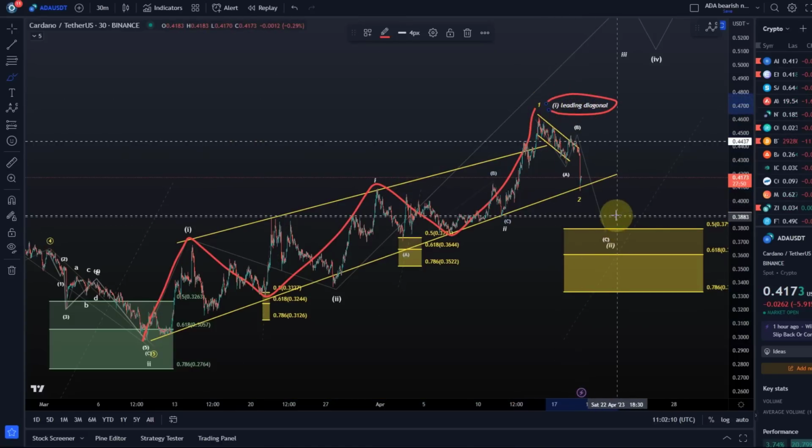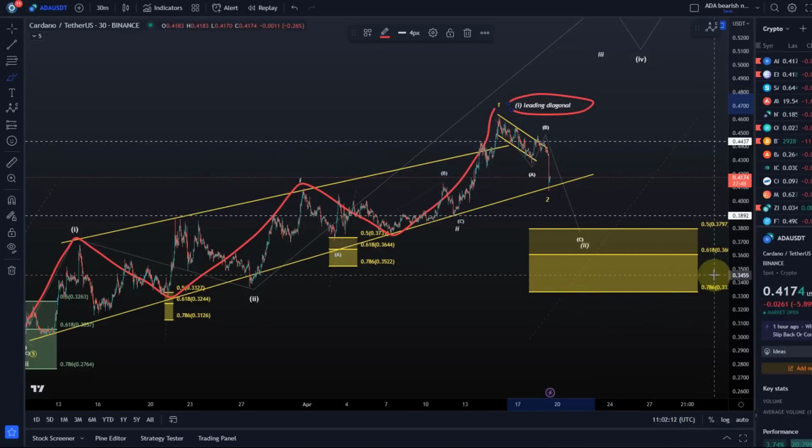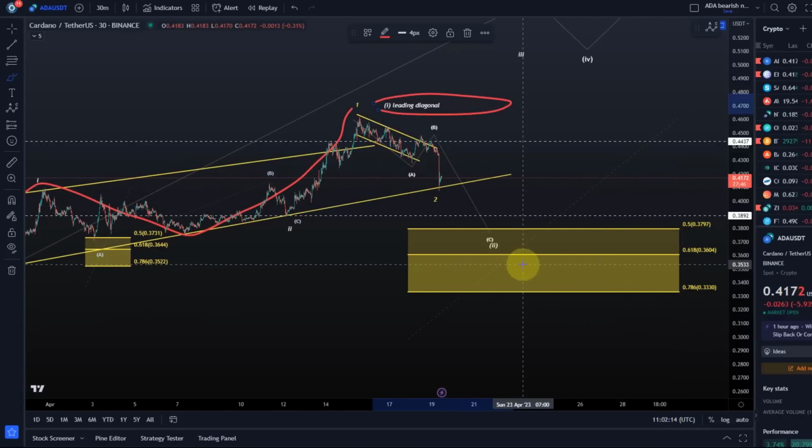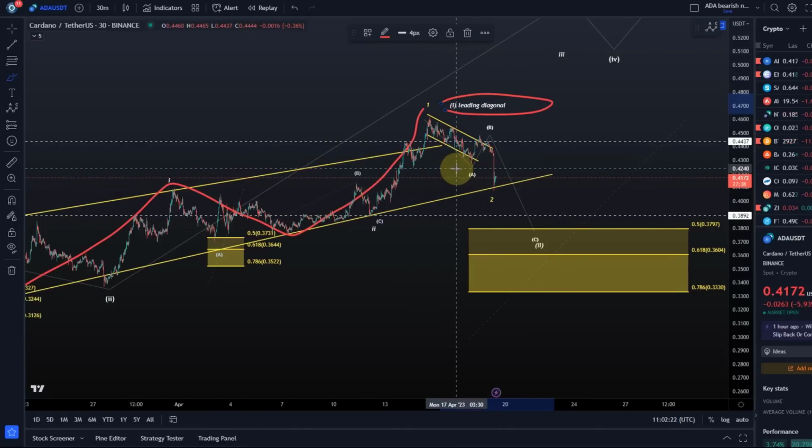And that would now allow for a deeper pullback into the zone, or at least support zone, between 33.3 cents and 38 cents. This seems likely for me.